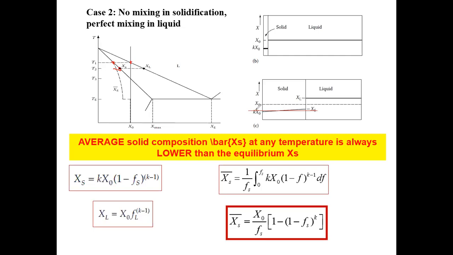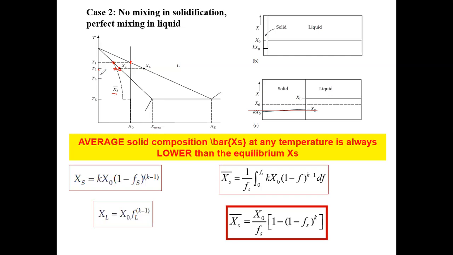We know this average is always going to be lower than the equilibrium, and we know rigorously what this xs bar is. So at this temperature, if I pin down the composition point in the phase diagram, it is going to fall here, lower than the xs. Does this make sense to everyone?